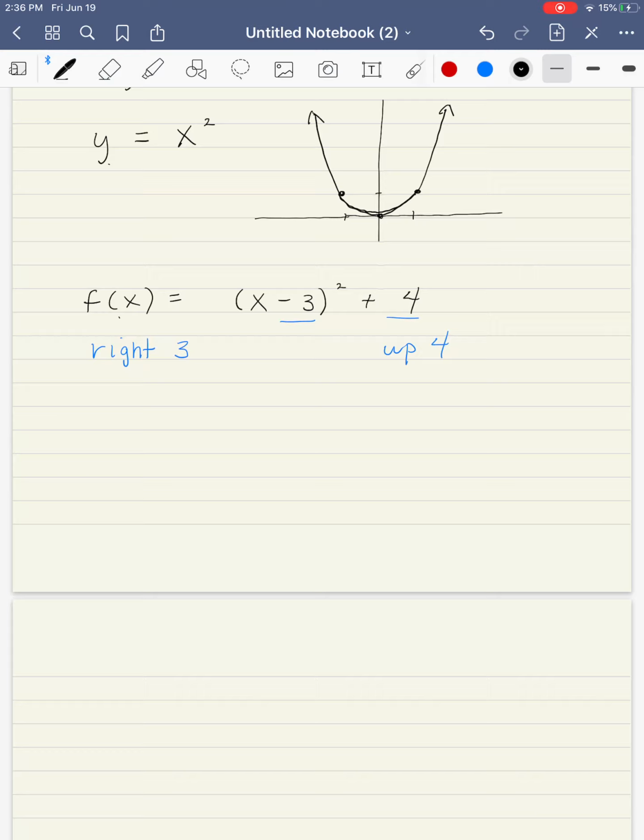So when I draw my graph, I start with my basic graph through 0, 0, 1, 1, and negative 1, 1, but I move it 3 units to the right and 4 units upwards.